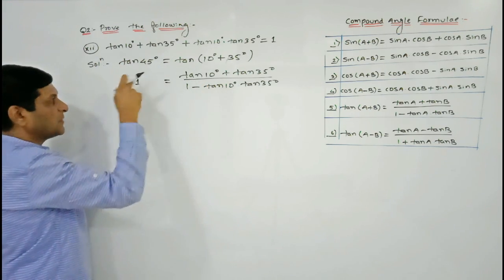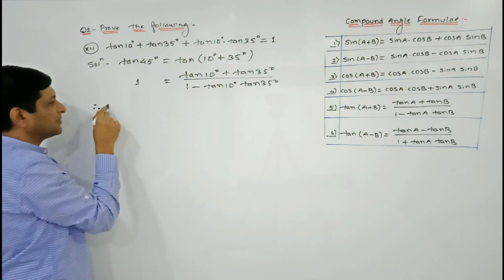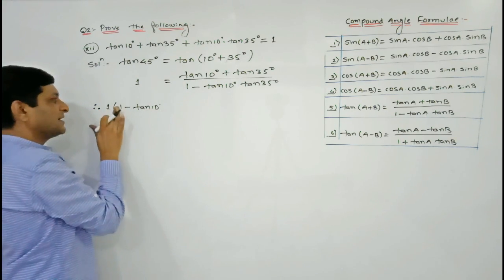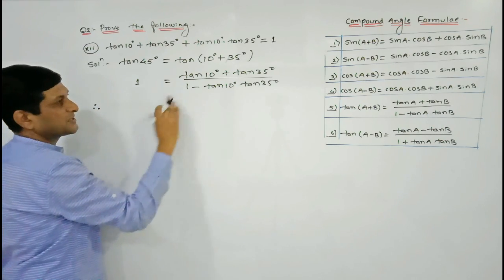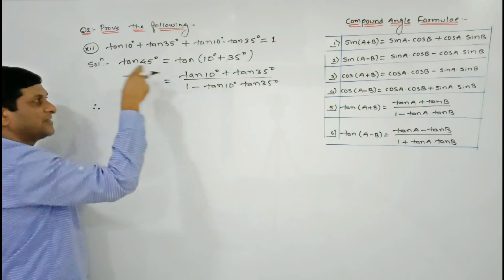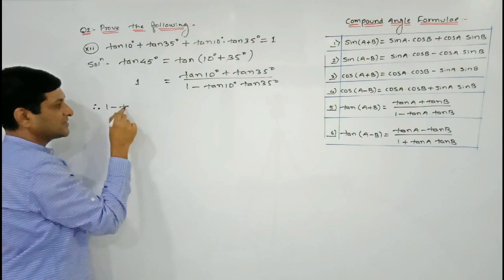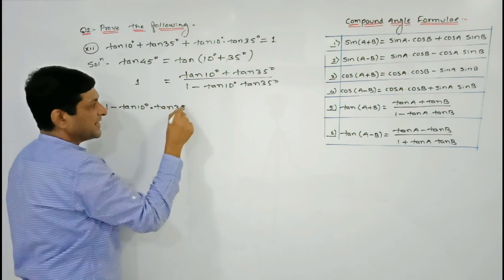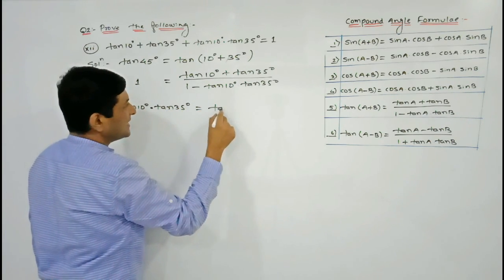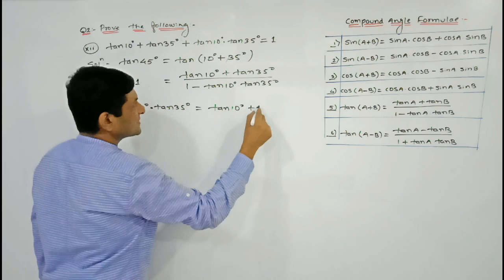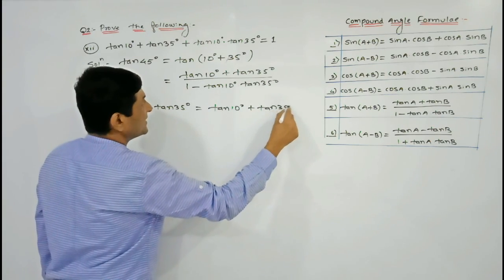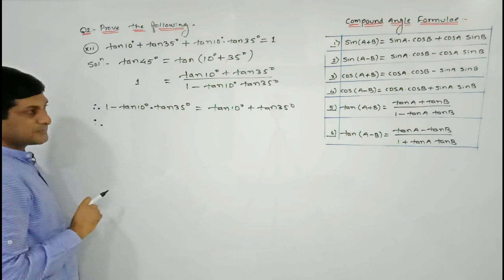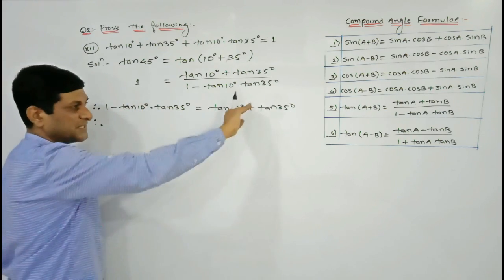So this term will get multiplied on this side. On this side we will get 1 into (1 minus tan 10 degrees into tan 35 degrees), otherwise it is not necessary to write 1 here, so it is 1 minus tan 10 degrees into tan 35 degrees, and on this side tan 10 degrees plus tan 35 degrees, keep it as it is. Now shift this term to this side.